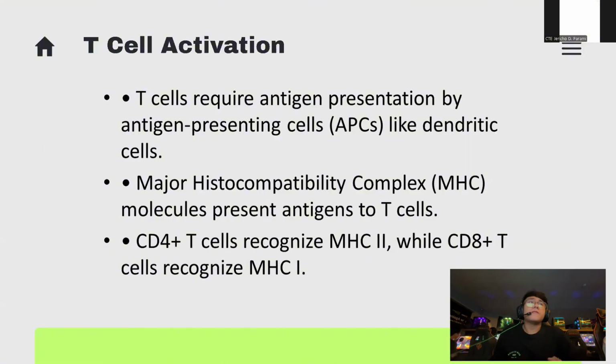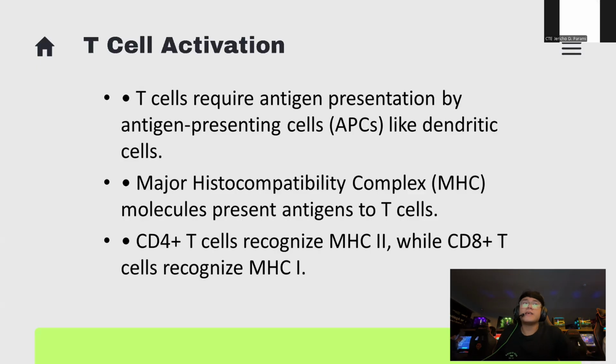There are different mechanisms involved. We have two critical selection mechanisms: the positive selection and the negative selection. Positive selection ensures that developing T cells can recognize self major histocompatibility complex, or MHC molecules, which are necessary for antigen presentation.